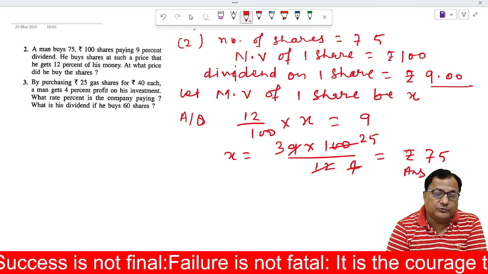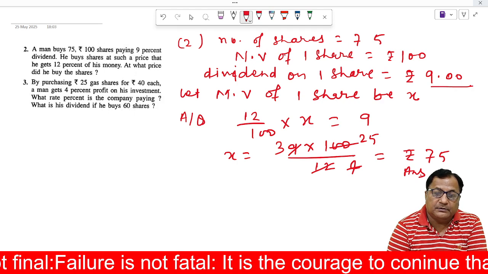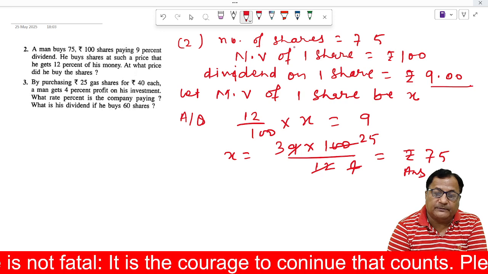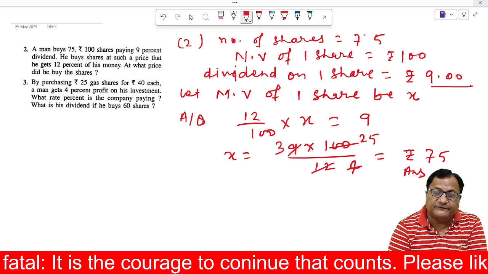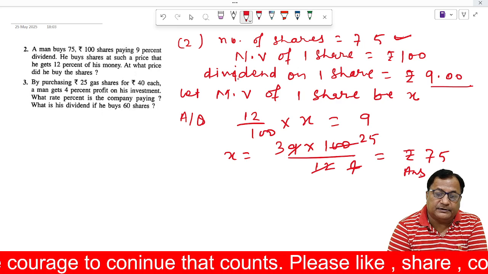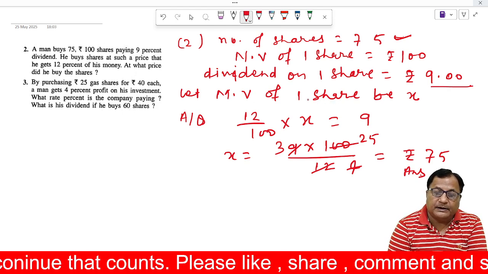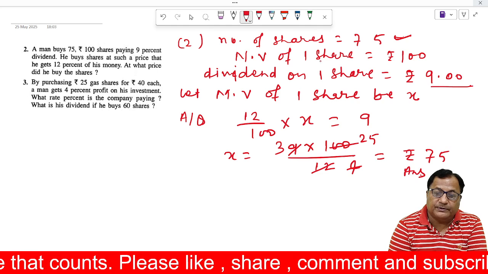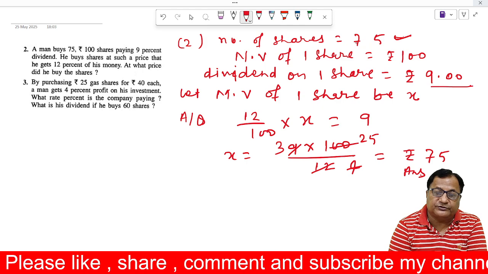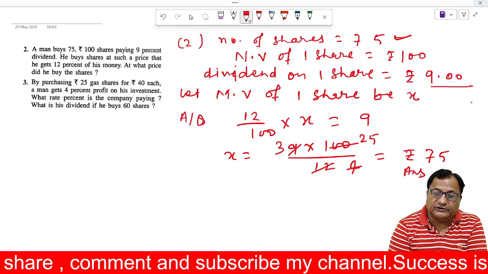We can also find it out by finding the nominal value of 75 shares and what will be the dividend. Because the dividend on one share is 9, the dividend on 75 shares will be 75 into 9, that is the total dividend.